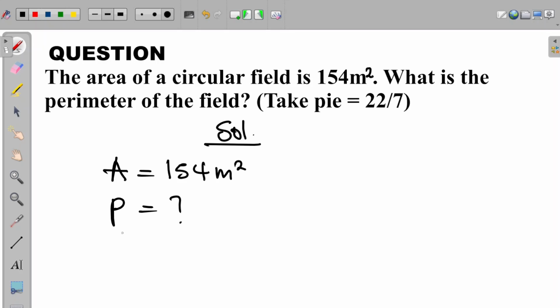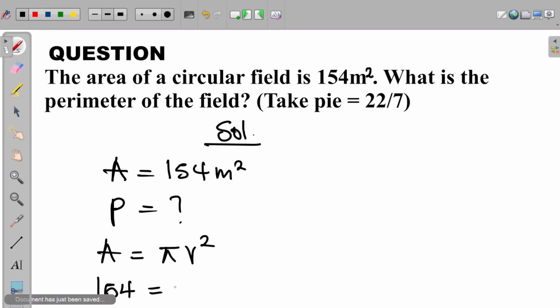So recall that area is equal to pi r squared. So the equation becomes 154 is equal to 22 divided by 7 times r squared.